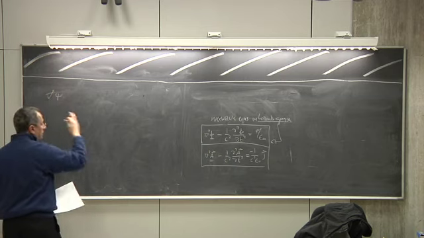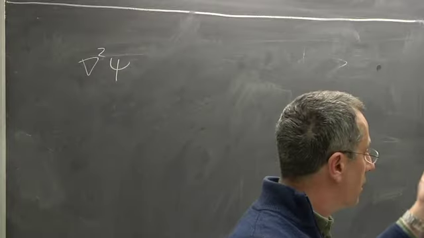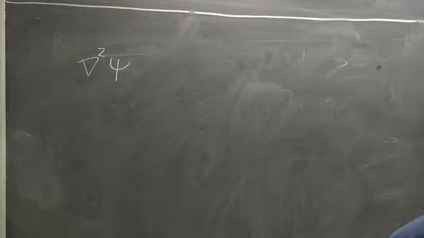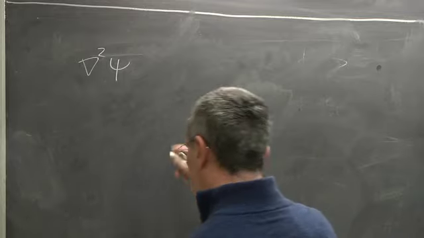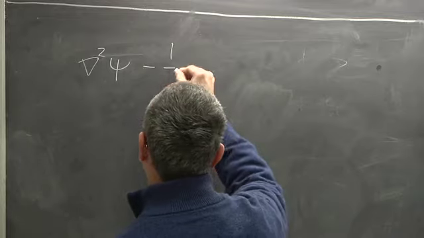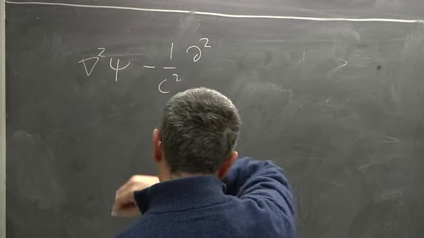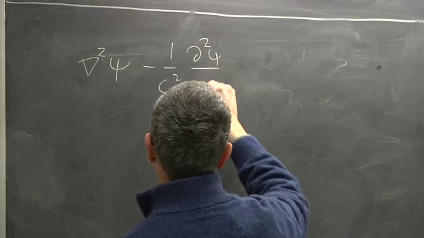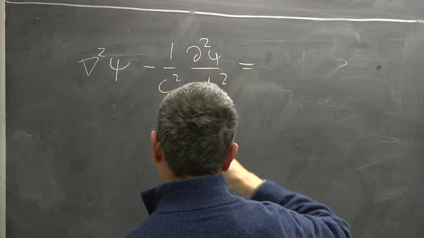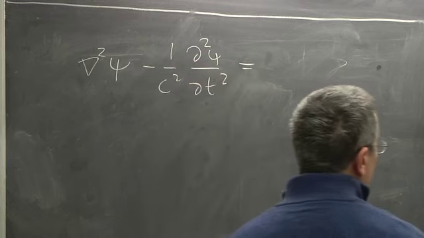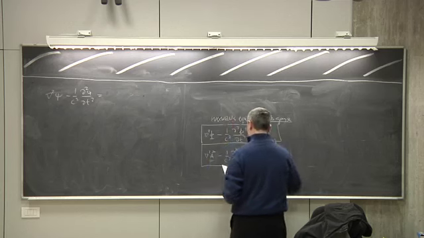Let me call it psi. Now this psi is not the gauge function. It's just any scalar function. Psi minus 1 over c squared, and this is equal to the source here.